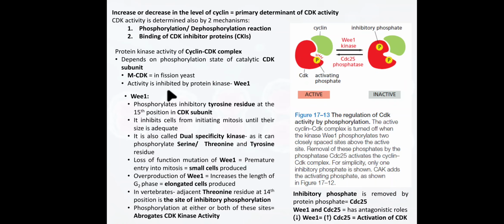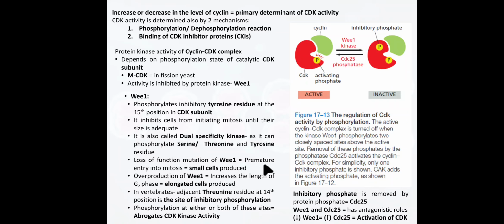MCDK activity in fission yeast is inhibited by protein kinase V1. V1 phosphorylates the inhibitory tyrosine residue at the 15th position in the CDK subunit. It inhibits cells from initiating mitosis until their size is adequate. It is also called a dual specificity kinase, as it can phosphorylate serine and tyrosine residues.